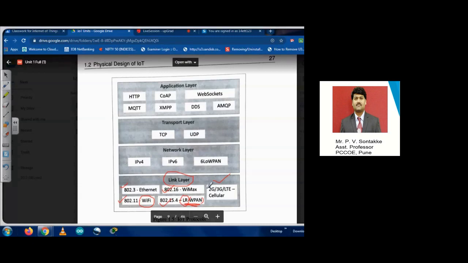So the next evolution is 2G, used from 1980 up to 1999. It uses 1.8 gigahertz of frequency and gets a data rate of up to 64 kbps. Now the modem stands for modulation demodulation.